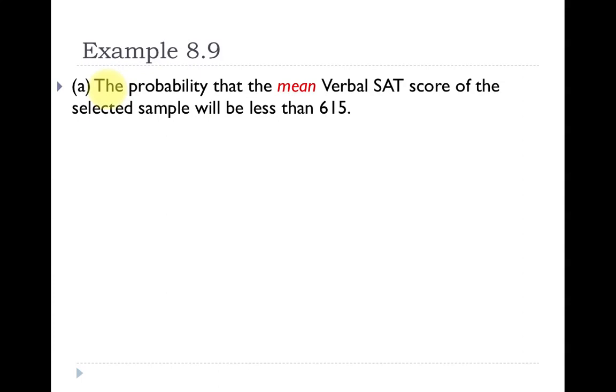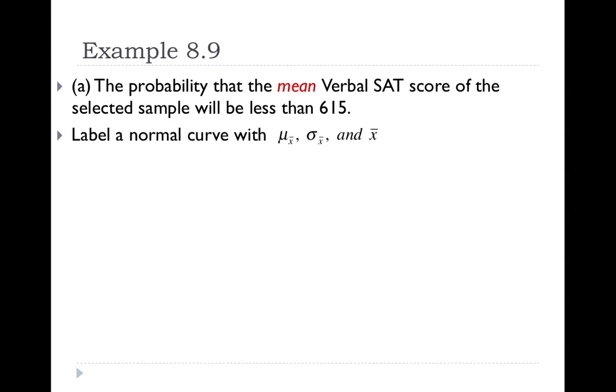In Chapter 8, we're finding the probability that the mean verbal SAT score for the selected sample of those 100 students is less than 615. And that's the difference between Chapter 7 and Chapter 8. Recognizing that difference is really half the battle here. When you recognize that difference, the problems generally are very, very similar.